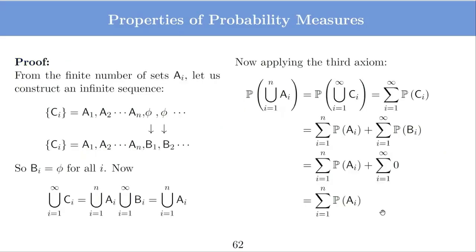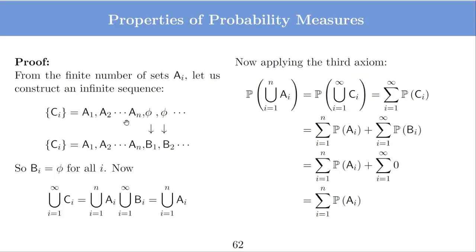So first, we have only a finite number of sets, but the axiom says that the formula we know is for a countably infinite number of sets. So what we do is we construct a new infinite sequence of sets Ci, which is made from A1, A2, up to An, and then the rest of the sets are assigned by phi.